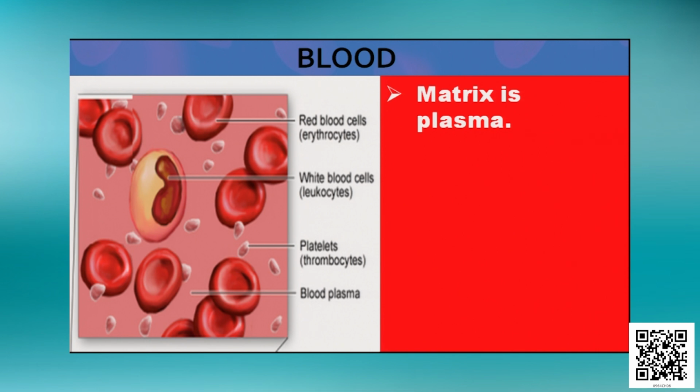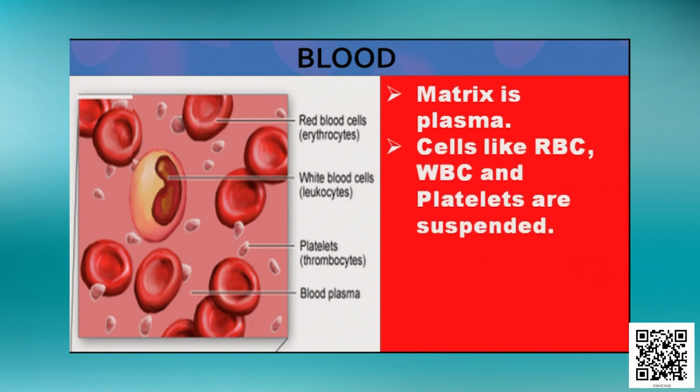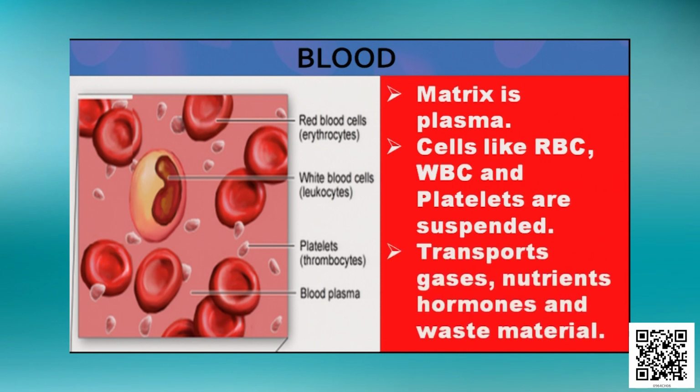The matrix is called plasma, which contains water, protein, salt and other particles. And the cells are RBC, WBC and platelets. What does the blood do? It transports gases like oxygen and carbon dioxide, nutrients, hormones and waste materials to different parts of the body and from the body.